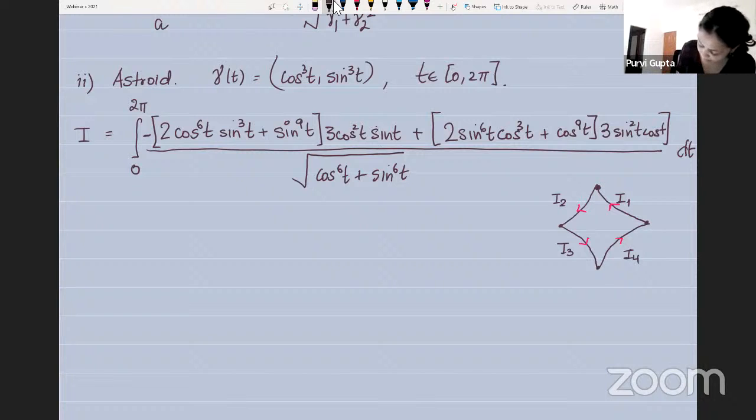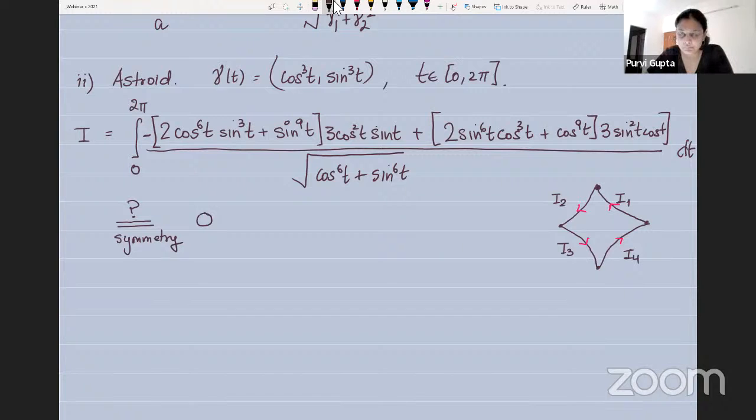I will leave this as a big question mark if you want to think about this from scratch. My claim is that you can use some sort of symmetry argument to realize that this is also 0. We are using how well these trigonometric functions behave, and maybe there is some cancellation about these curves.